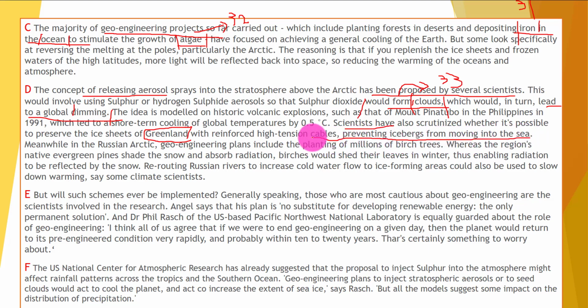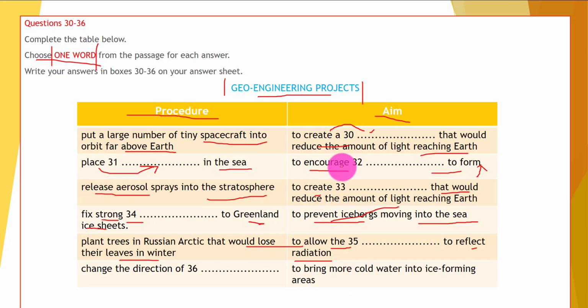Preventing icebergs from moving into the sea, this is our aim, and we're going to do it by reinforced high-tension cables, and these are adjectives, and our answer is cables for question 34. Fix strong cables to Greenland ice sheets to prevent icebergs moving into the sea.